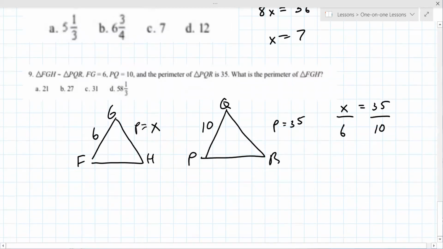Oh, I got 21. Okay, I'm so sorry, I didn't know that you had already worked that out. Yes, that's correct. 10x equals 210, x equals 21.